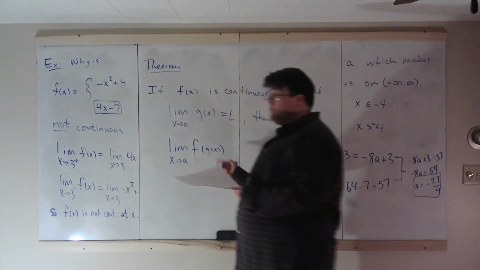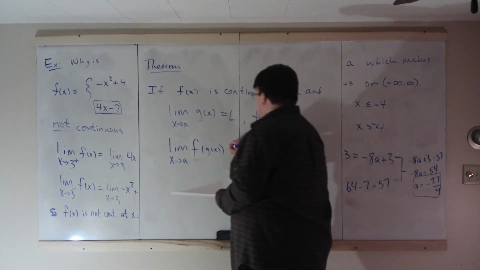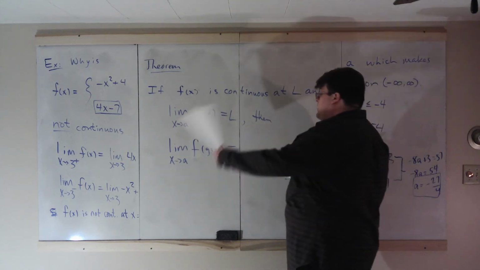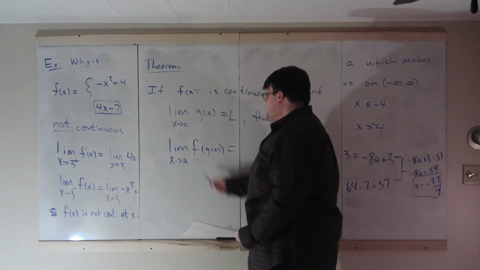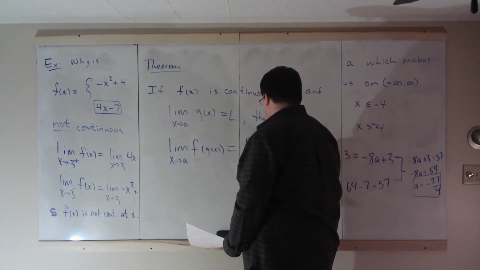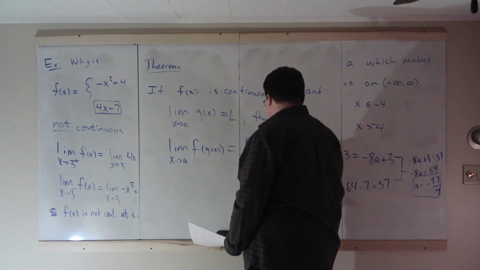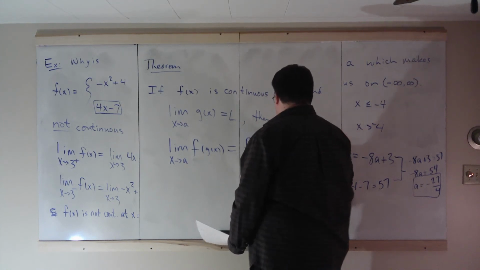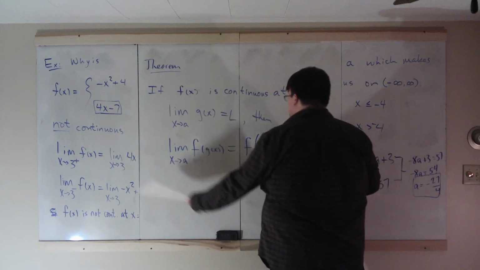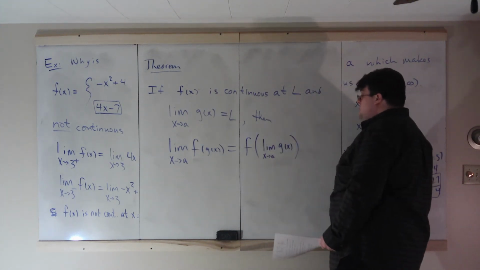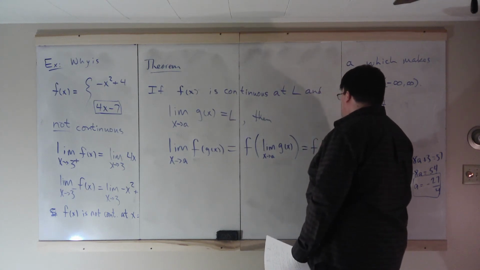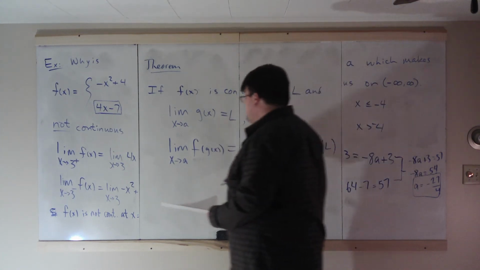So here we have a composition, f of g of x. If f is a continuous function, then we can push the limit inside the outside function of the composition. And the limit of g of x is L, so this equals f of L. And let's just look at one example.